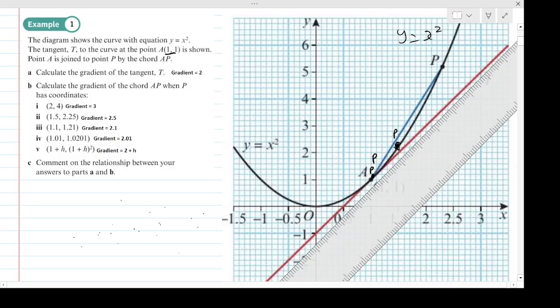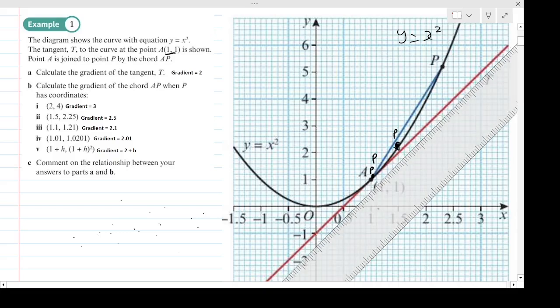So we've got this other way then, basically, of finding the gradient at a point, say A, right? The gradient of a point on the curve, by considering this idea of moving another point on the curve closer and closer to my point A, which I am interested in.